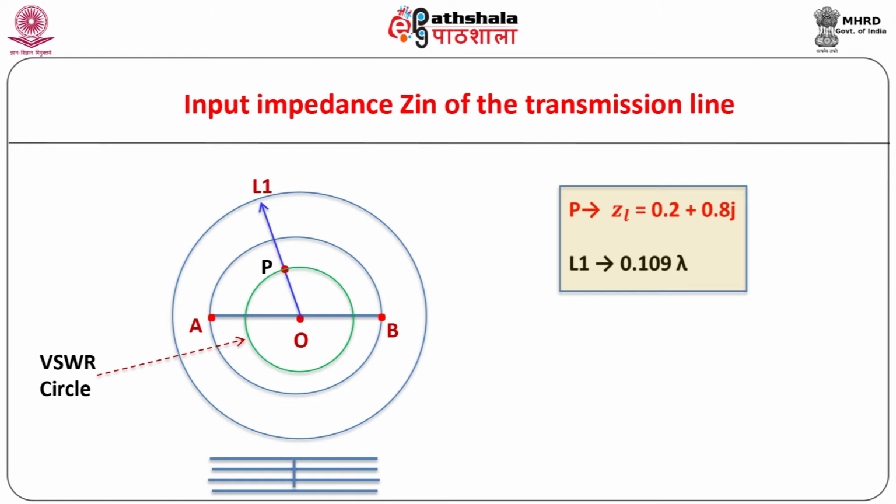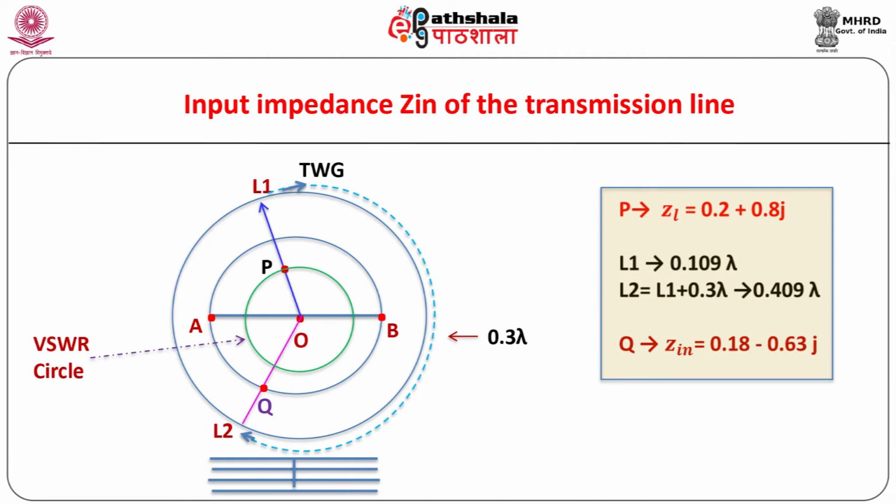Step number 2. With O as the center, draw a circle with OP as its radius. Step number 3. Extend the line OP to meet the circular scale marked in degrees to measure the radial distance at point say L1 on the circle. Note the reading at point L1.